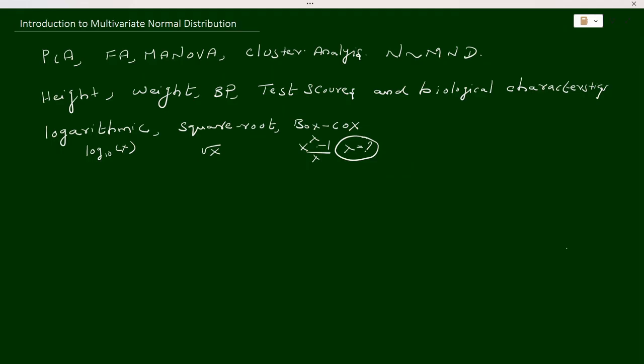And next we are going to see about the multivariate data. Multivariate statistical analysis deals with data with several characteristics measured on each individual or experimental unit.